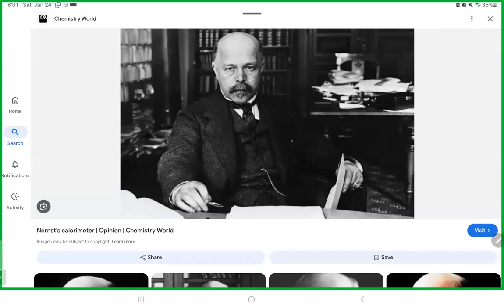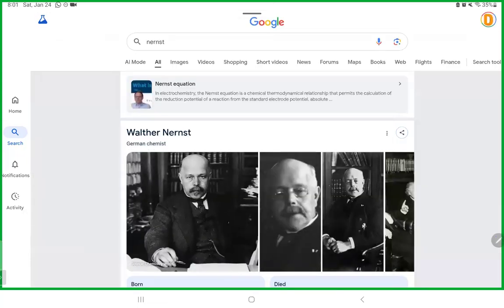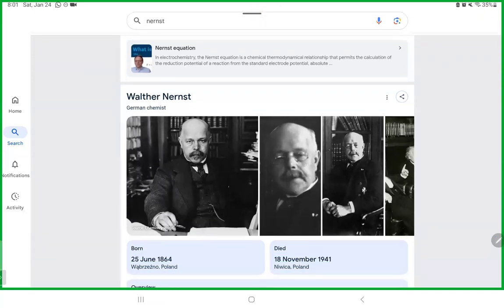When he was frustrated by his own equation, then why did he discover it? Very good question, but there's no logic in fun. He was born in 1864 and died in 41. Wow, 77 years.